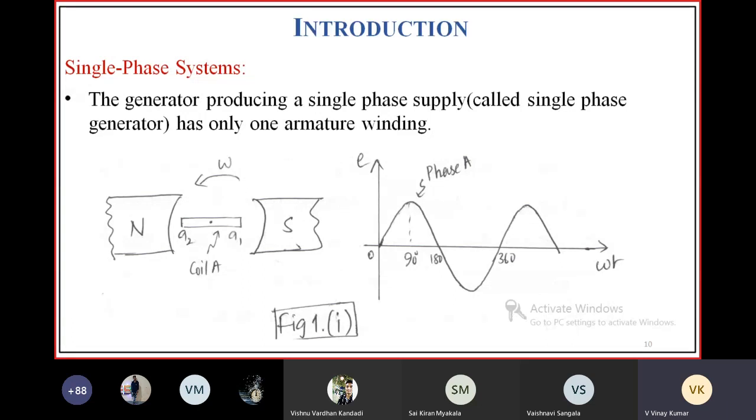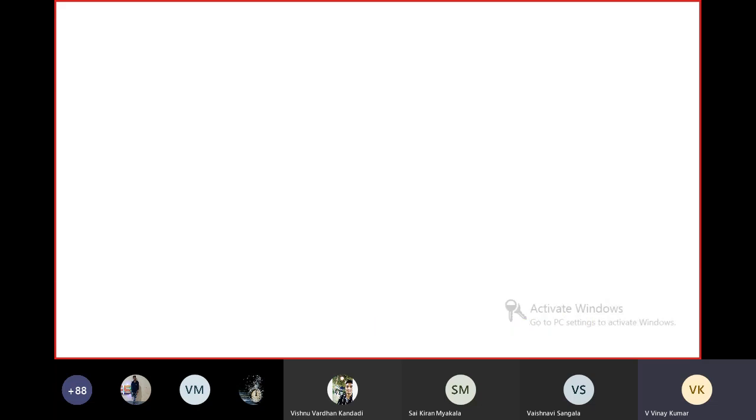We have two poles. This winding is rotated inside this magnetic field so that EMF will be produced. According to Faraday's laws of electromagnetic induction, let me explain in brief. This is the north pole, whereas this is the south pole.